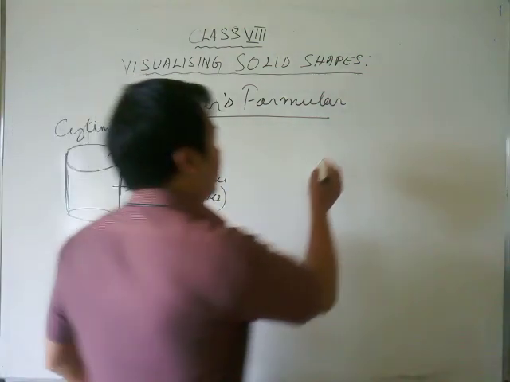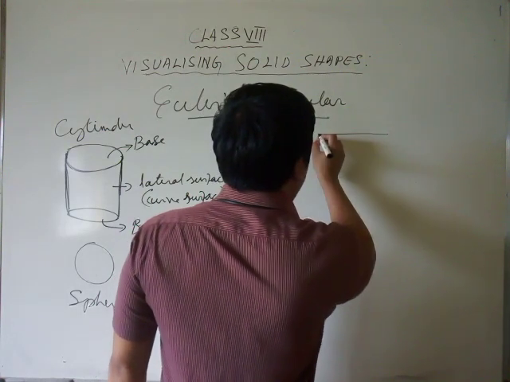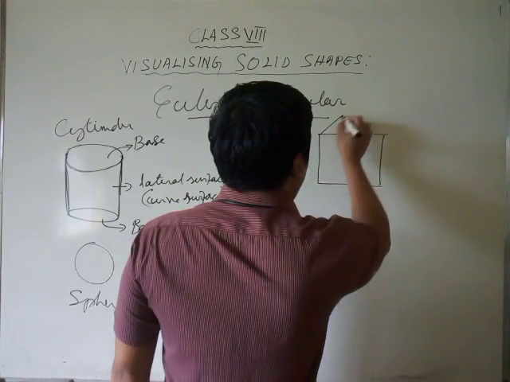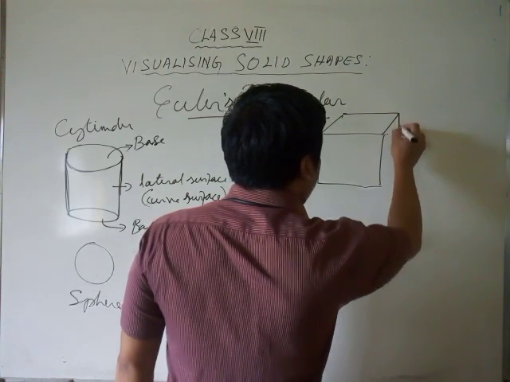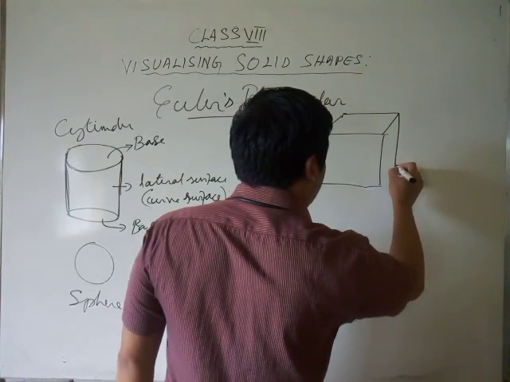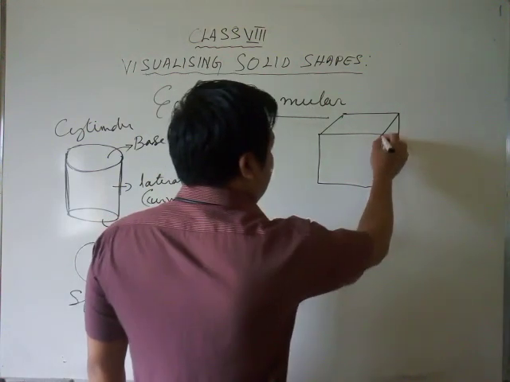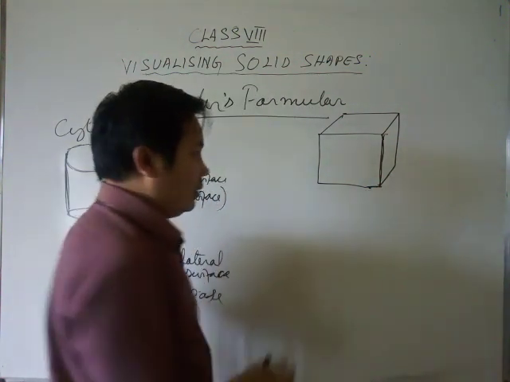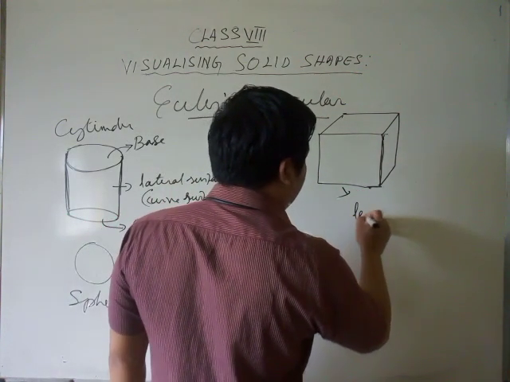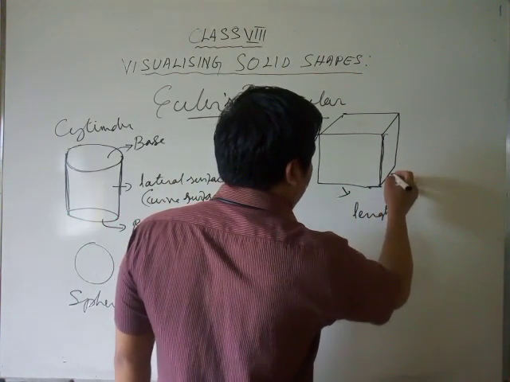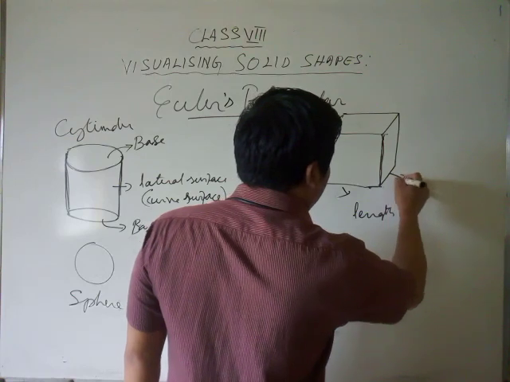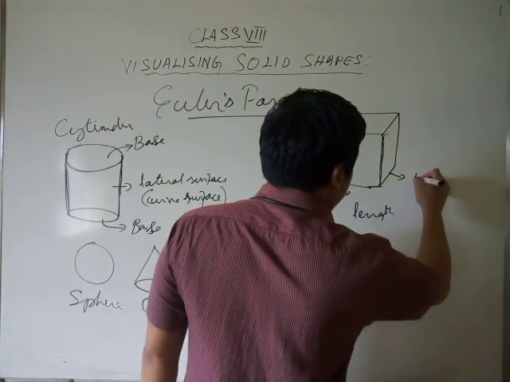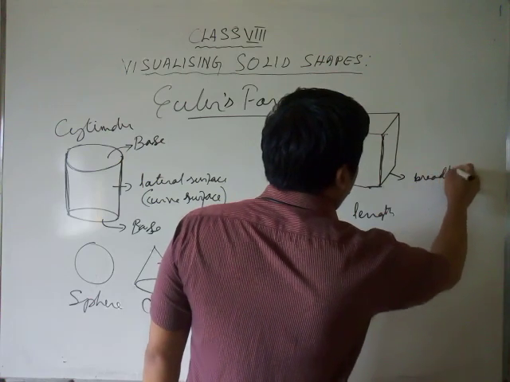And somehow I will try to show you. See, for example, this 3D shape here, we have already come across this point in my previous video. Okay, see, this is a solid shape. So this solid shape has three dimensions. One dimension is called length, isn't it? Length, and this line is called breadth. Breadth, isn't it?